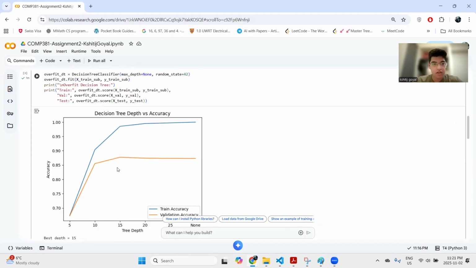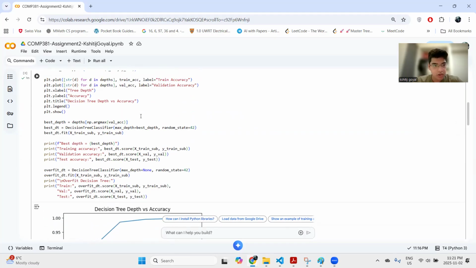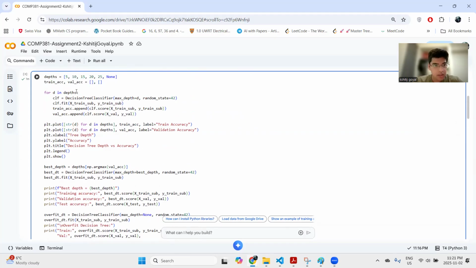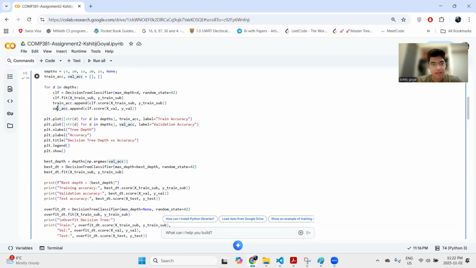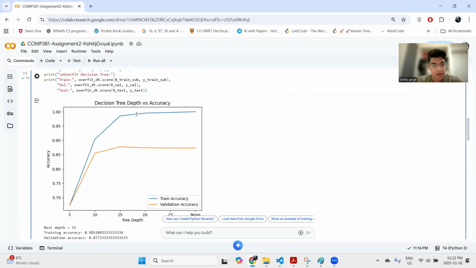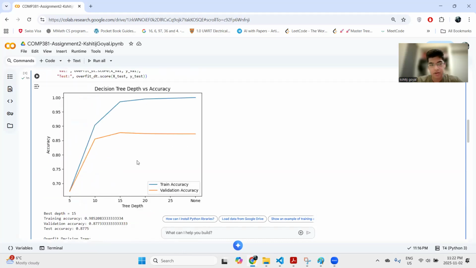We run our search here. For D in depths, we train the classifiers, and then we take the train and validation accuracies, we plot, and I find the best depth. Here we find that this is one of the models that performed well.